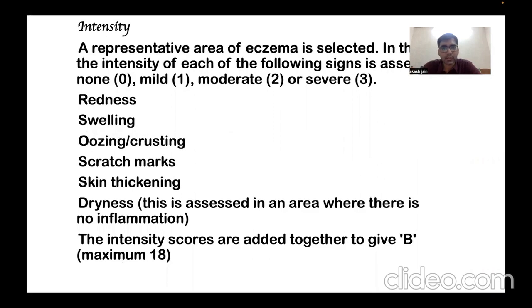Then intensity. A representative area of eczema is selected. In this, the intensity of each of the following signs is assessed as none 0, mild 1, moderate 2, or severe 3.